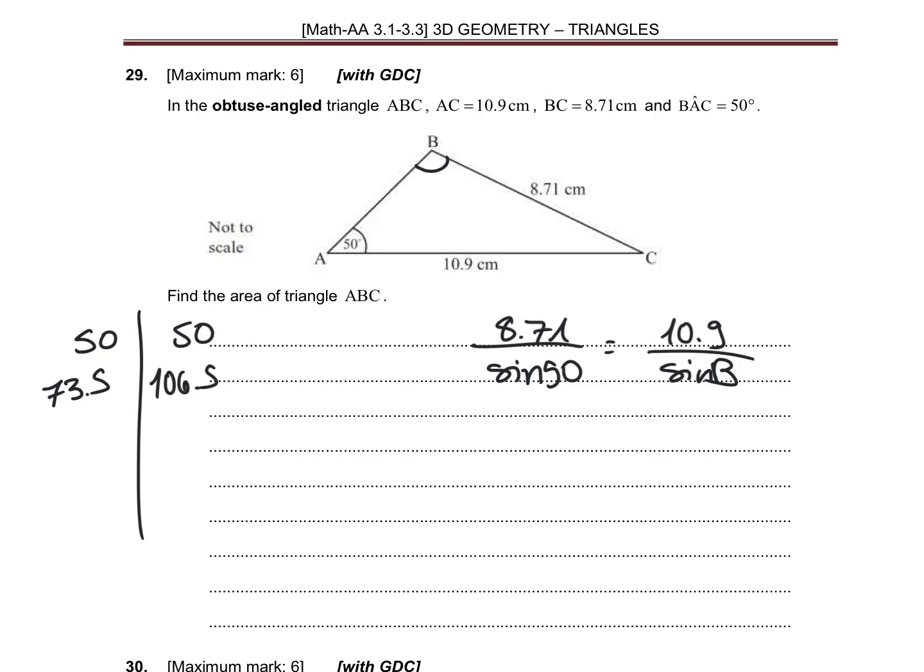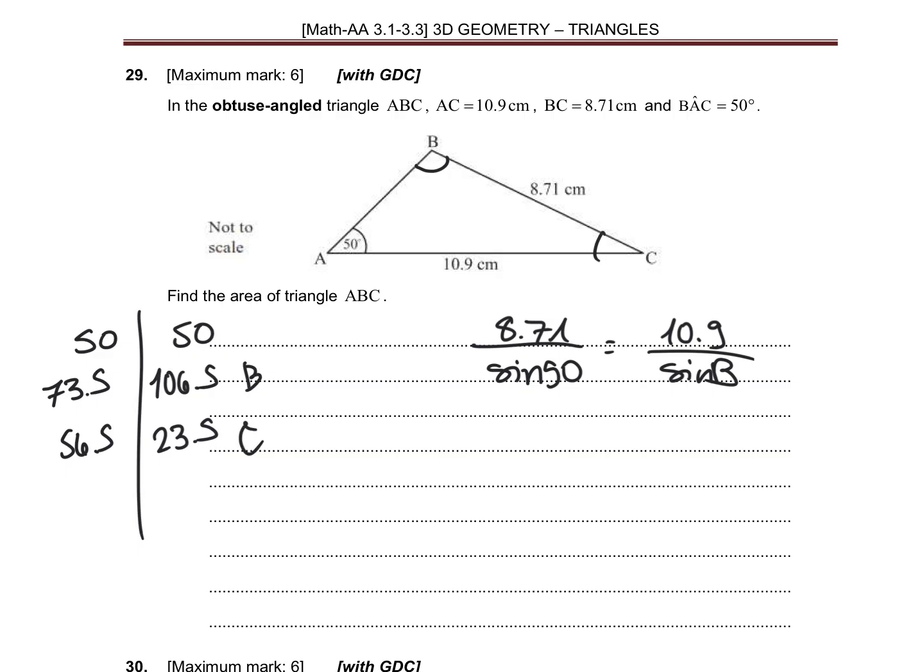And then we do 180 minus 50 minus 73.5, and that's 56.5. And then we do 180 minus 50 minus 106.5, and that's 23.5. Okay. So we found this is angle B, and we need angle C.